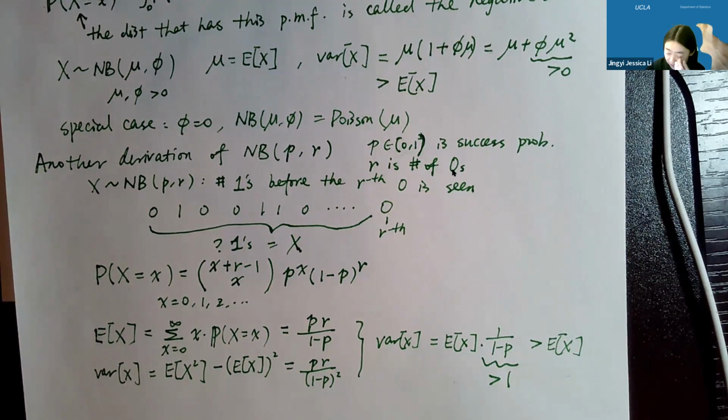So you can see that here, very interestingly, this other derivation of the negative binomial also gave us the overdispersion. And under what case do we not have overdispersion? When p is 0. When p is 0, it means what?